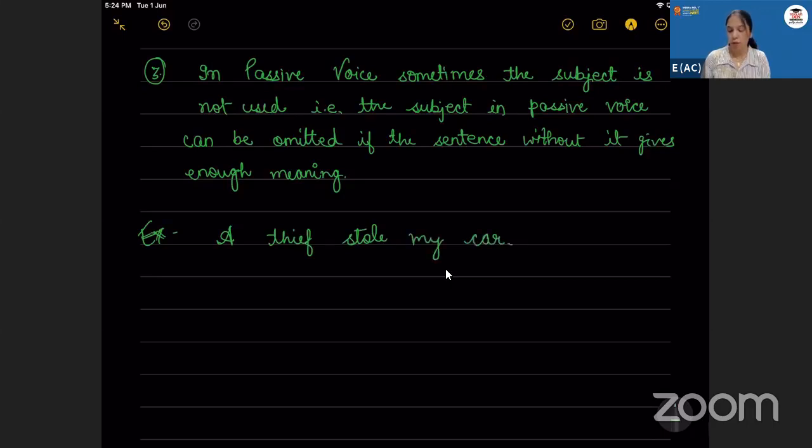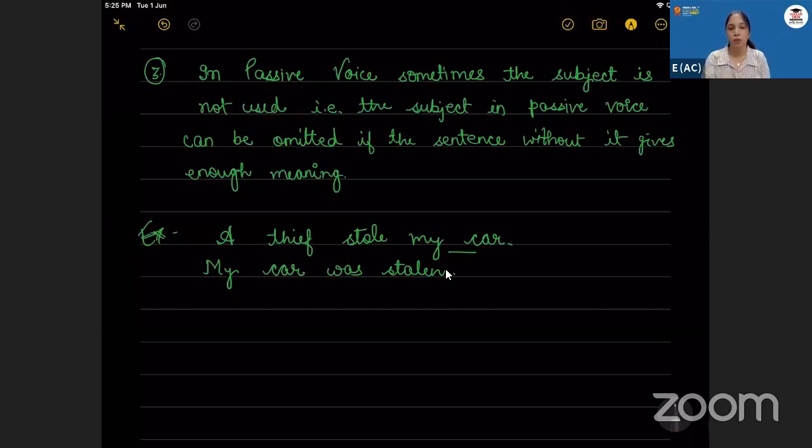This is an active voice or a passive voice? Active voice. If you convert it into passive, my car will become the subject. My car was stolen by a thief. Only, my car was stolen is giving enough meaning. So a thief is not required here.